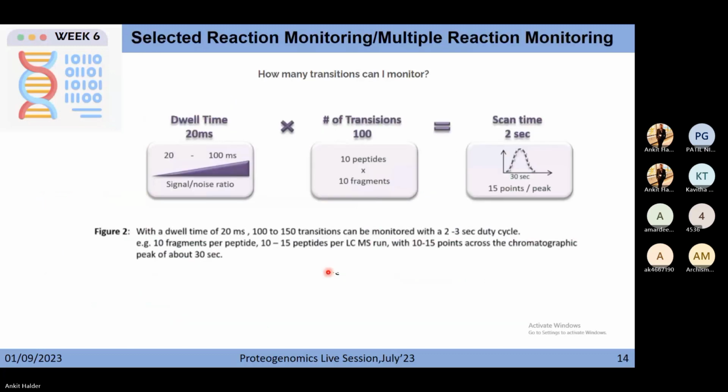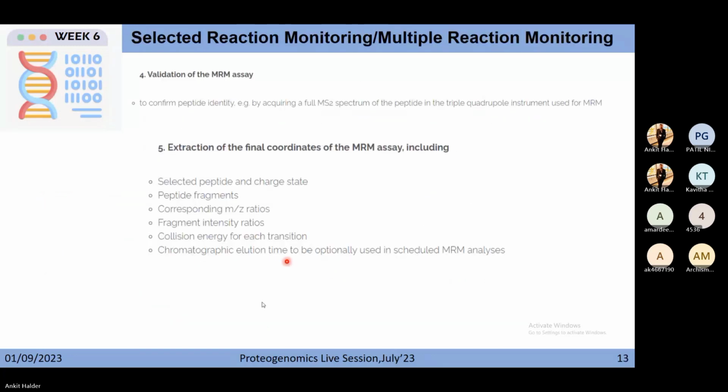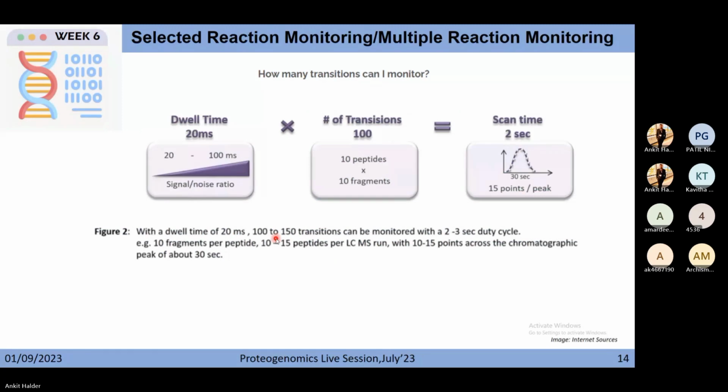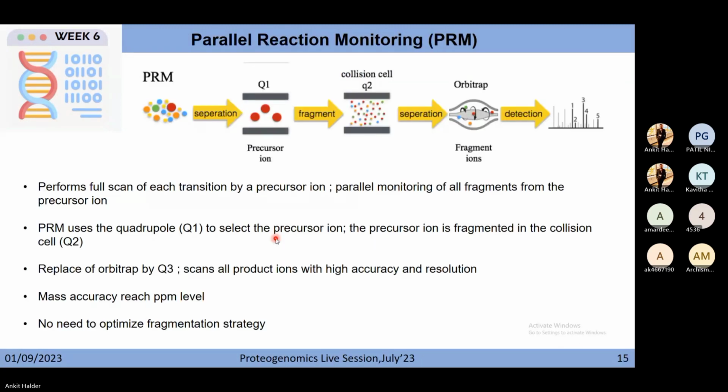In SRM you need a collision energy because you are selecting a particular precursor and product mass pair, so you need collision energy to generate that and then detect it in the detector.